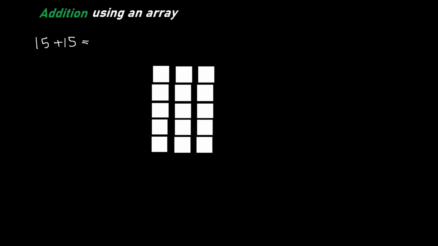To verify, I have 1, 2, 3 here, 1, 2, 3 again here, 1, 2, 3 again, and again, and again. I can add all of these together, and this should give me 15.